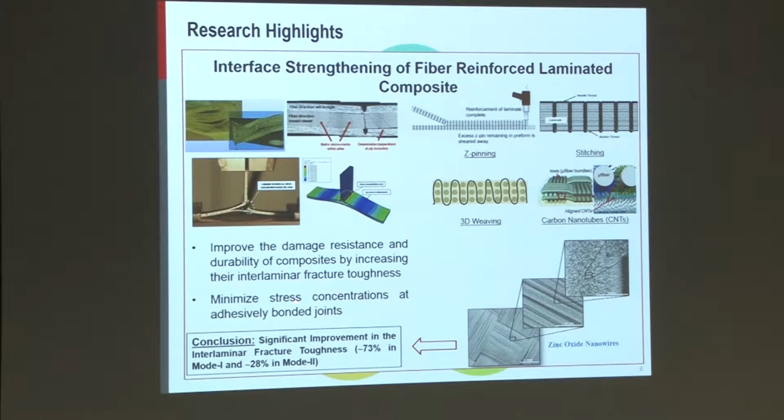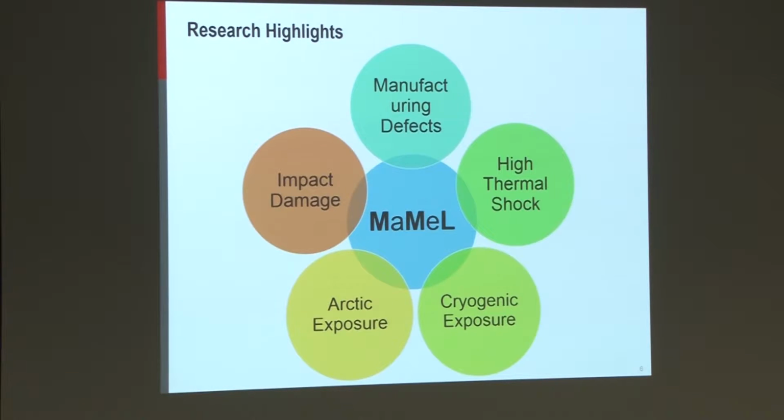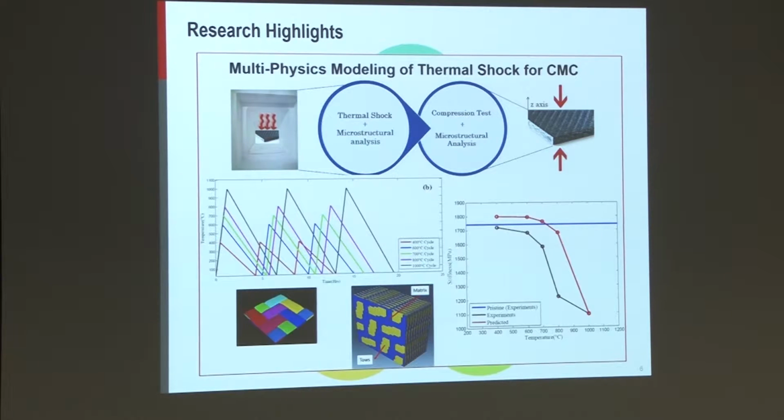And our goal is to improve the interlaminar fracture toughness of these materials when subject to face impact or edgewise compression, because that leads to delamination type failure typically. And we have used a novel material called zinc oxide nanowires, and we have observed significant improvement in the interlaminar fracture toughness so far.